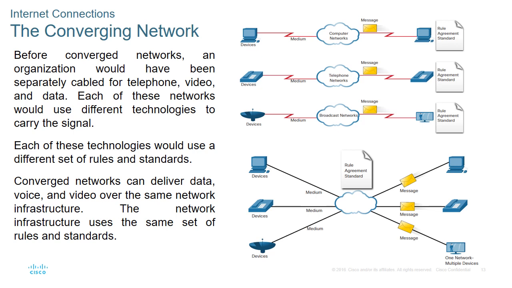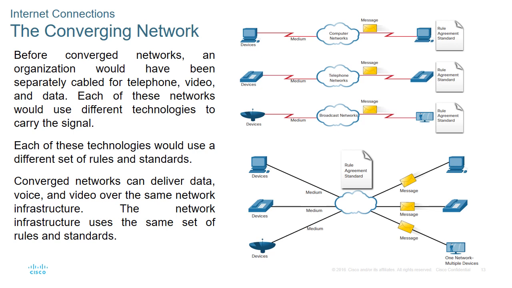Later, this converged network evolved. This converged network can deliver data, voice, and video over the same network. That means it is possible to connect a computer, a mobile phone, a television network, everything together.